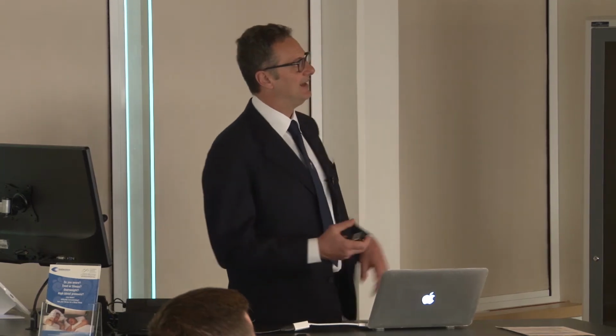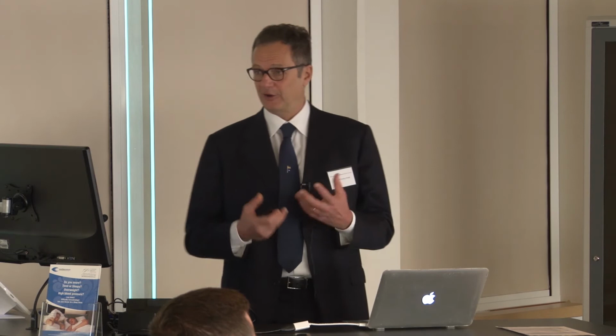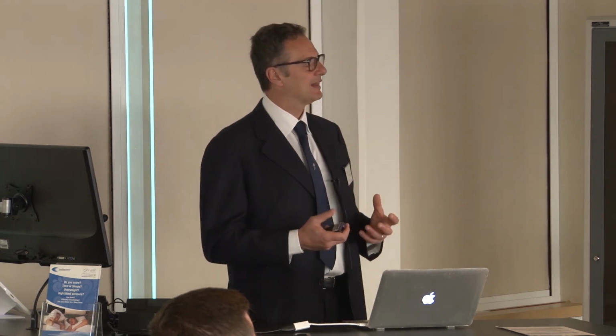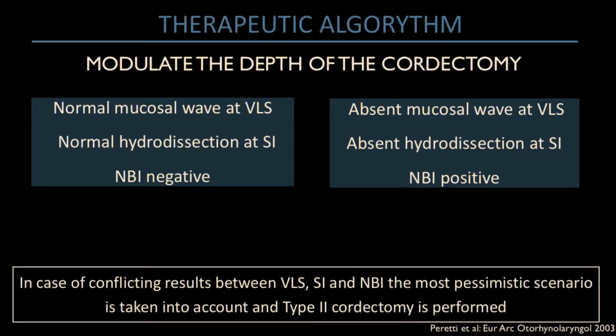So this is a very easy, very economic procedure, but it's very useful to give you some adjunct information about the depth of invasion of the lesion. More or less like the video stroboscopy in the preoperative setting.